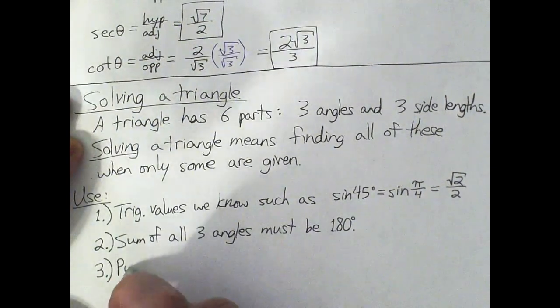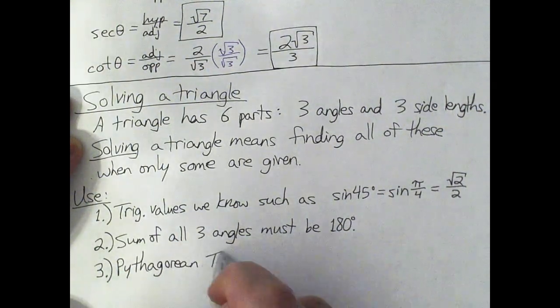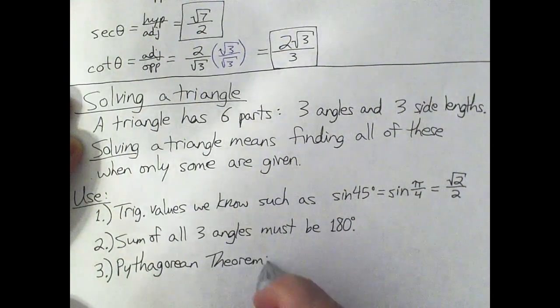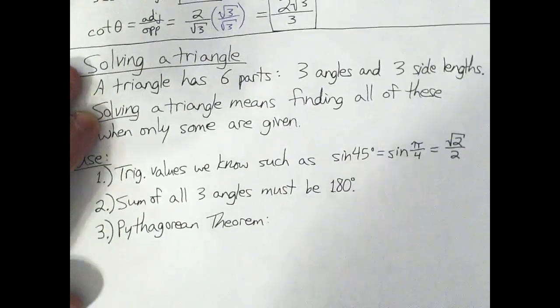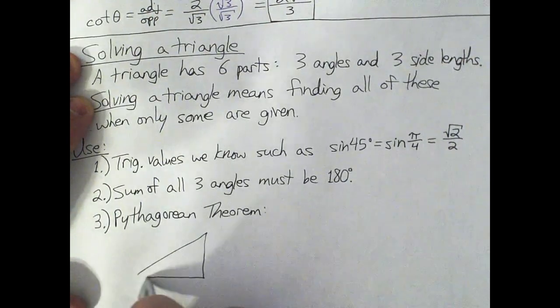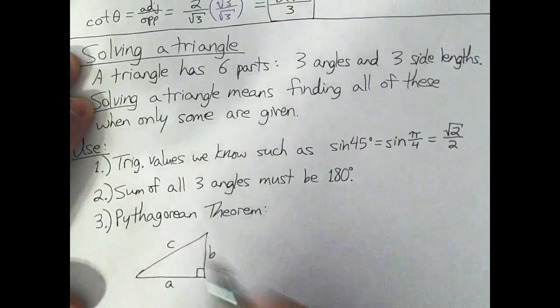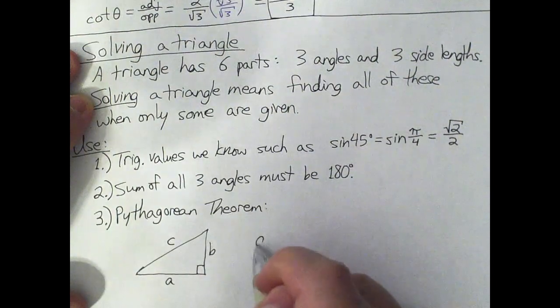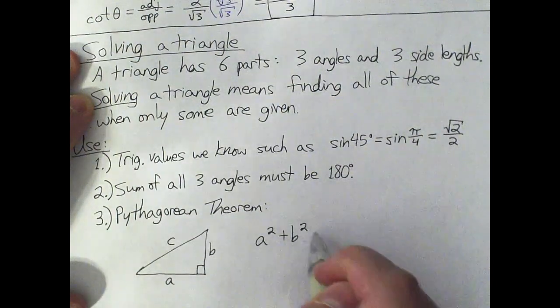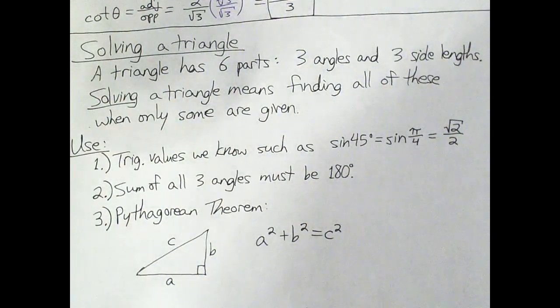The third piece of information that can help us is the Pythagorean theorem. The Pythagorean theorem is a theorem for the side lengths of right triangles, so it's perfect for us to use. It says if you have a right triangle and the side lengths are labeled A, B, C, then A squared plus B squared equals C squared. And this is going to help us with some problems. It basically means that if you know two of the side lengths, you can find the third one.